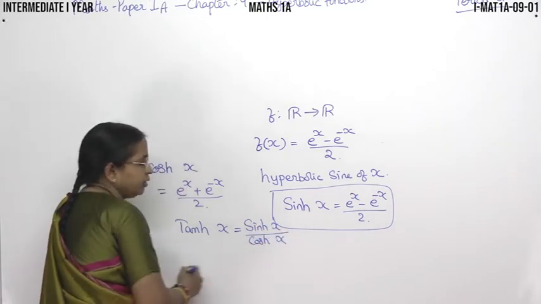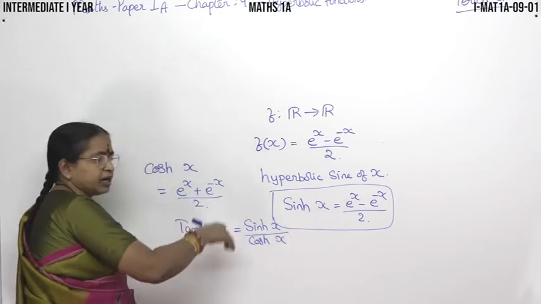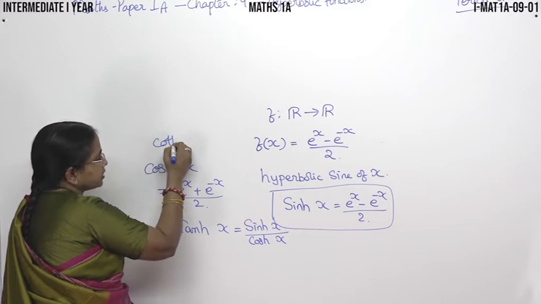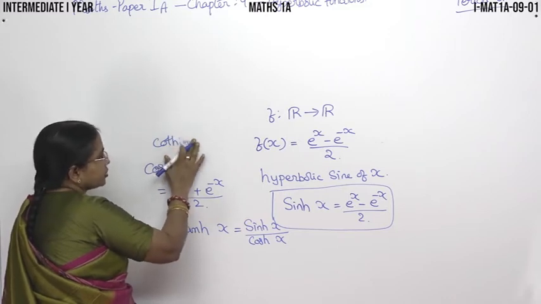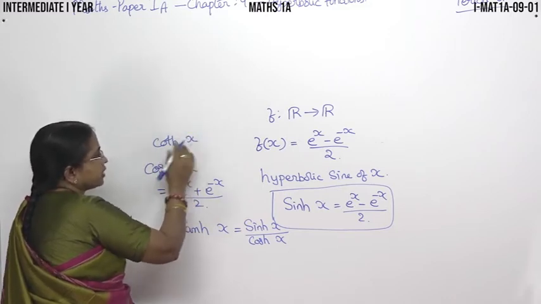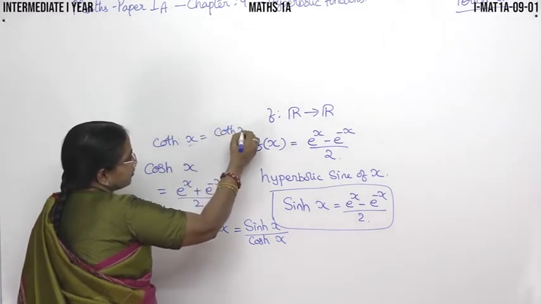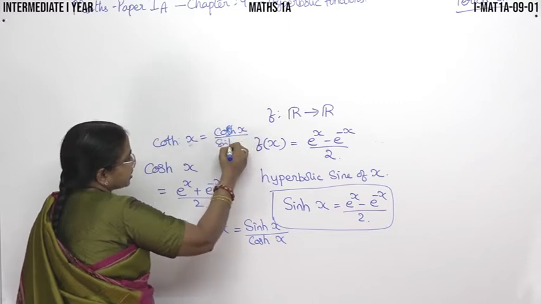Just divide. Next is coth x, the hyperbolic cotangent of x, defined as cosh x by sinh x.